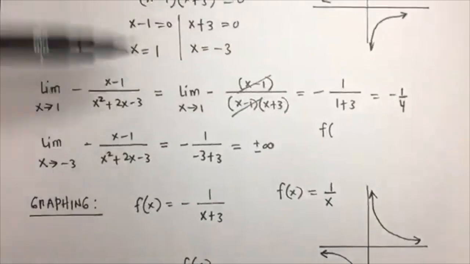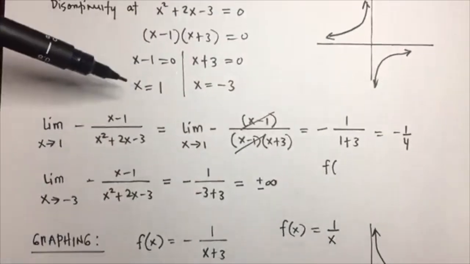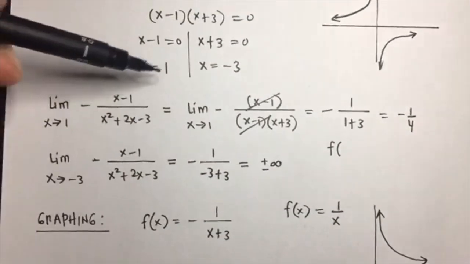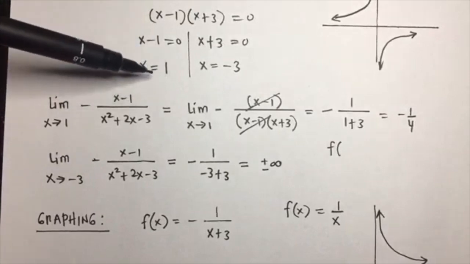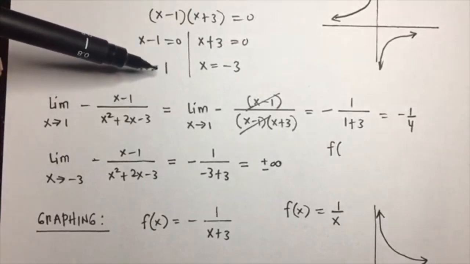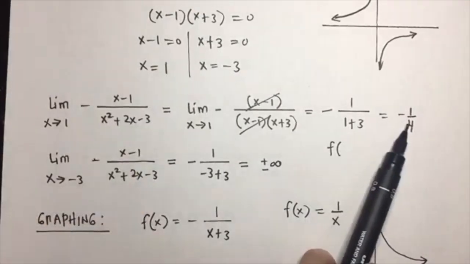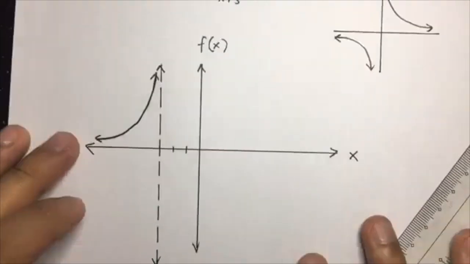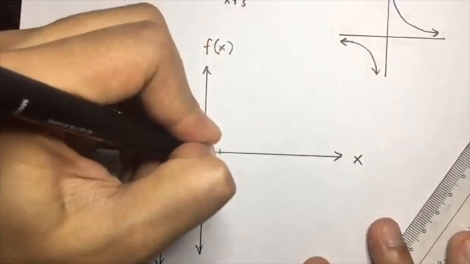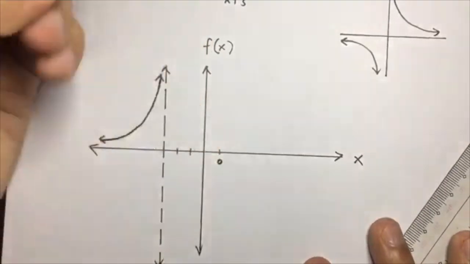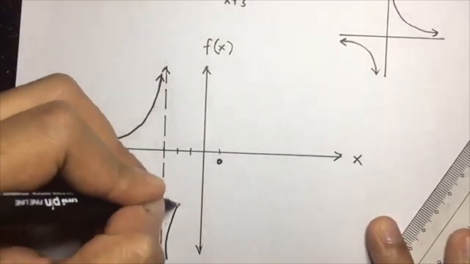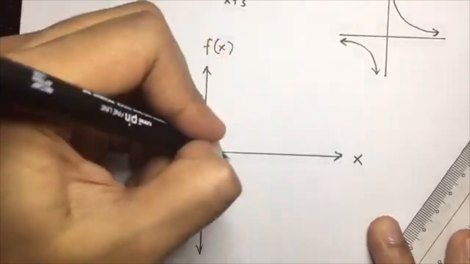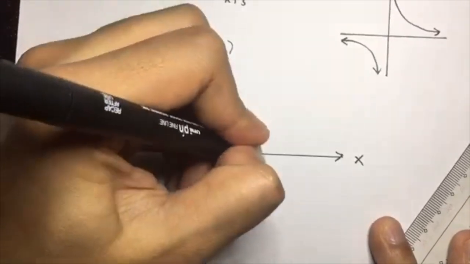But we should take note of the removable discontinuity at x is equal to 1. Okay, so its limit approaches negative 1/4. So let's say that it's located here, the removable discontinuity. Then the graph should look like this.